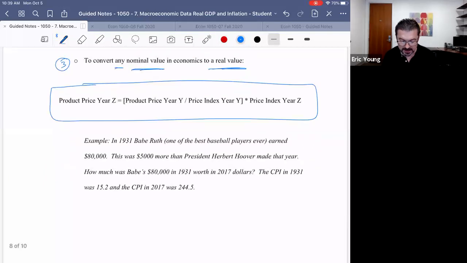The product price, that could be the price of an item, a basket, a wage level, any price, because prices measure lots of stuff, okay? The product price in any given year is equal to the product price divided by the index for a different year multiplied by the price index for that year.